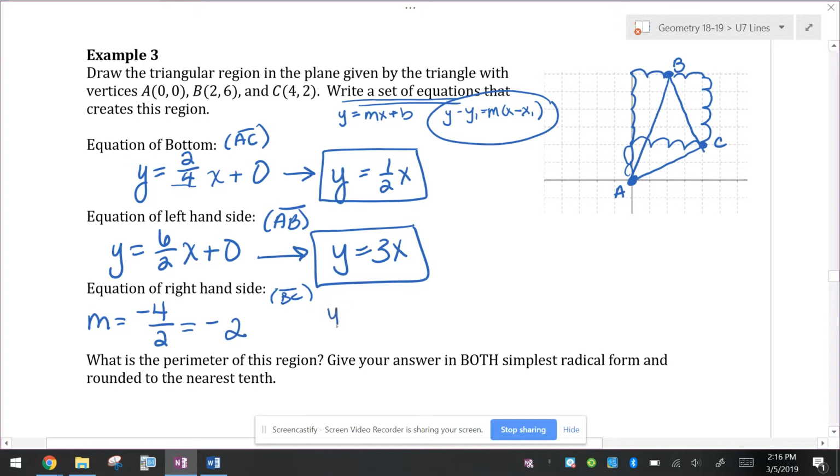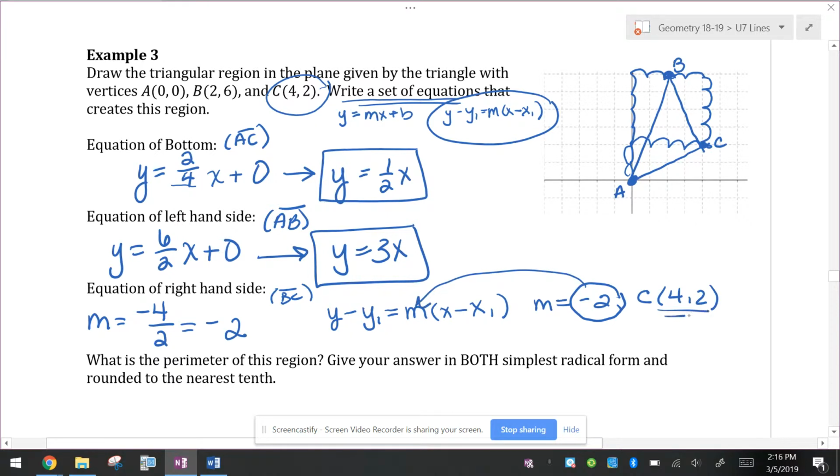And then I have y minus y1 equals m times x minus x1. And I'm supposed to use a slope of negative 2. And then I can use either point B or point C. I'm going to use C just for fun, which is 4, 2. So I put in m for the slope and 4 and 2 in for x1 and y1. y minus 2 equals negative 2 times x minus 4.